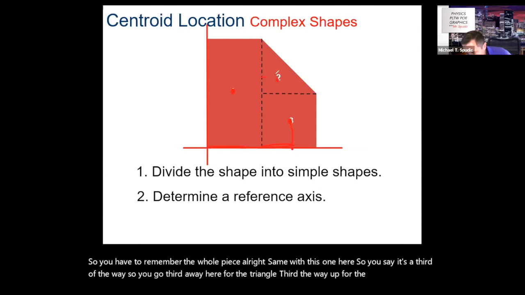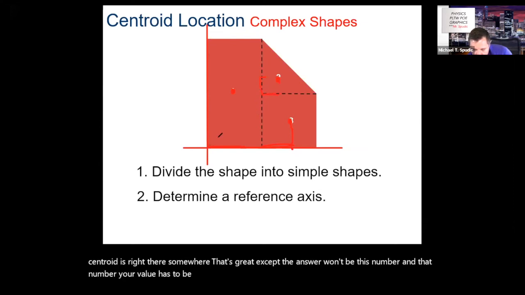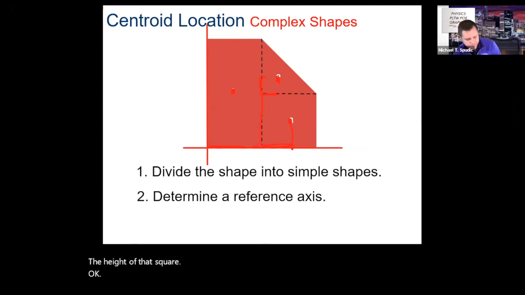My centroid is right there somewhere. That's great, except the answer won't be this number and that number. Your value has to be this plus the base of the rectangle, and this plus the height of that square. Let's see if we can do the calculation together.